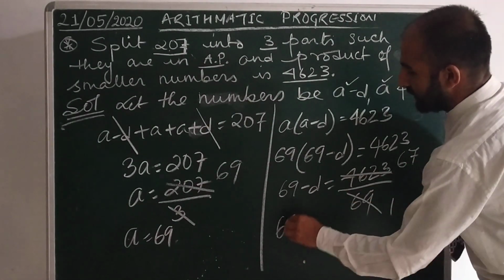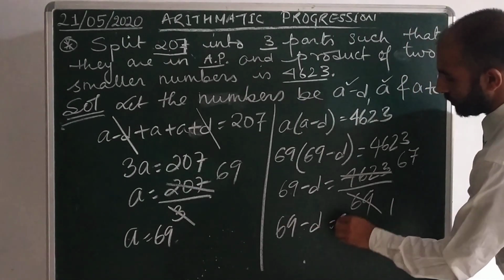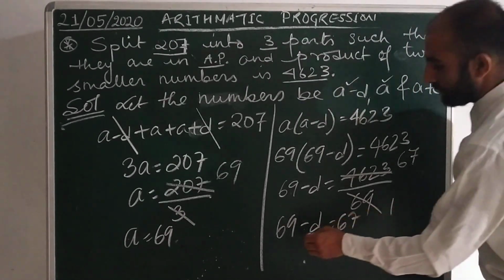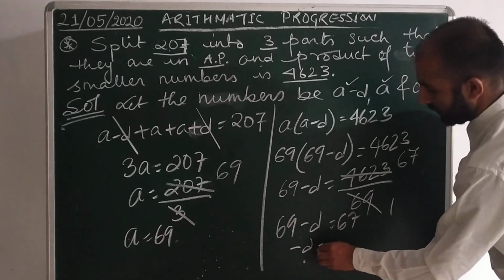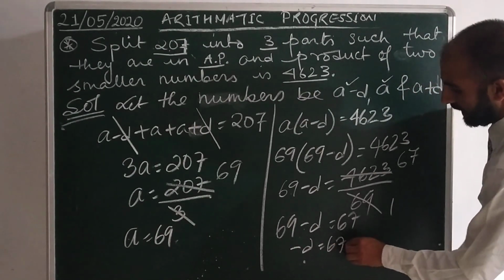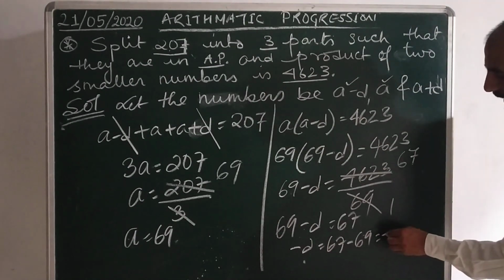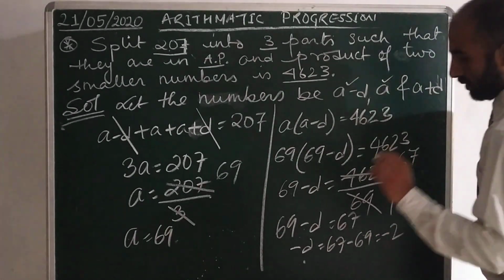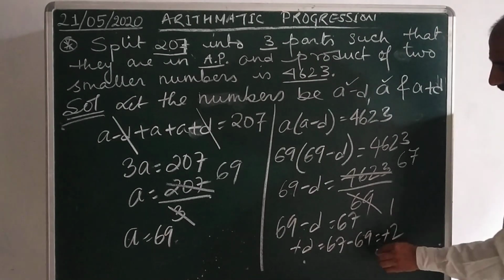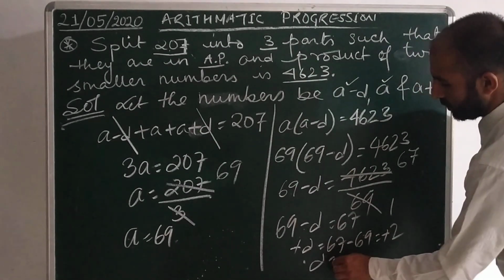That means 69 minus D equals 67. That will give you minus D equals 67 minus 69, which is minus 2. So I'll cut the minus, so D equals 2.